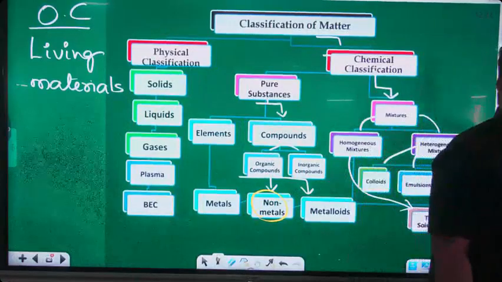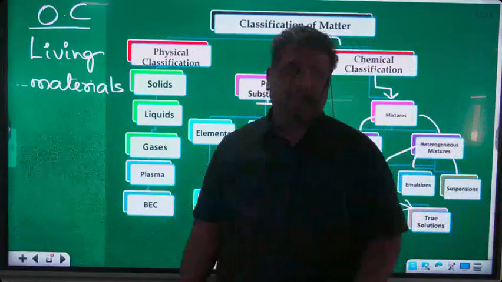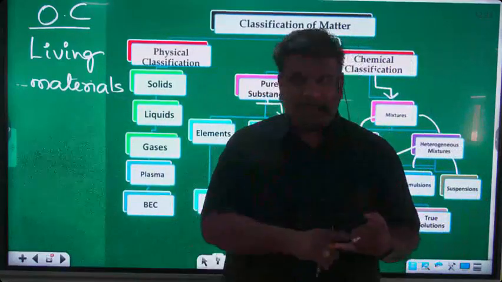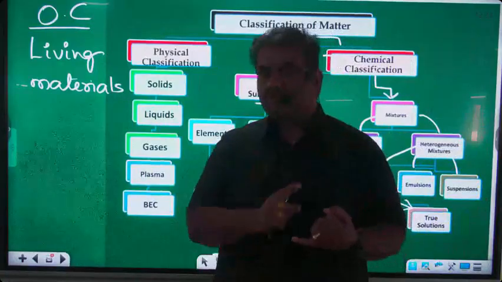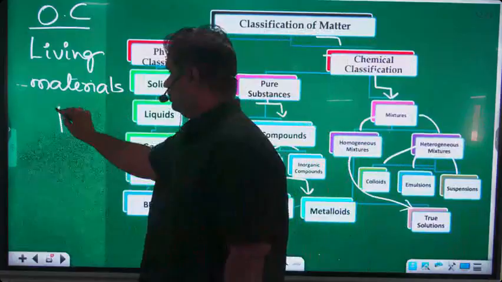Animals or plants. మరి animals and plants నుంచి మనకి ఏం లభిస్తున్నాయి? What are we getting? Proteins, carbohydrates, fats, vitamins. All these are organic compounds.